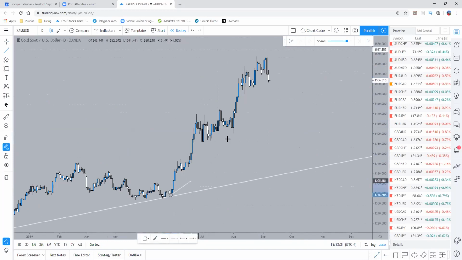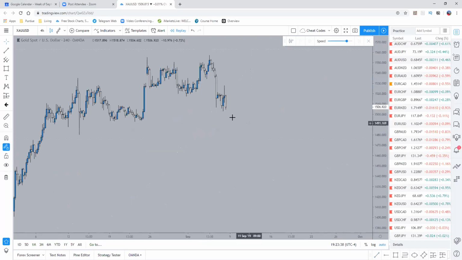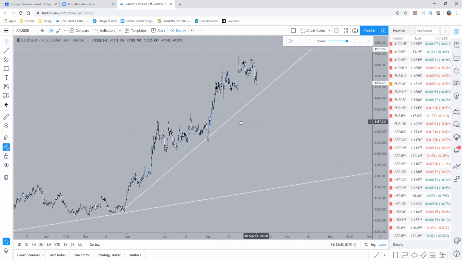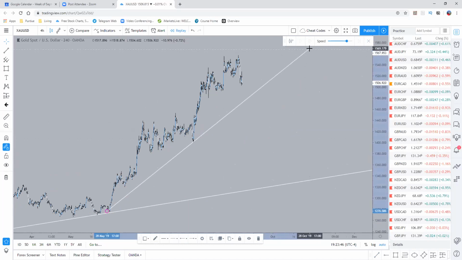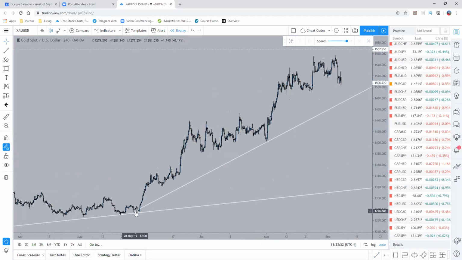Okay, so I see an uptrend. And does anyone know why gold is shooting pretty much straight up, or has been for the past month or so? Okay. So if you guys know, the dollar's value is actually going down.